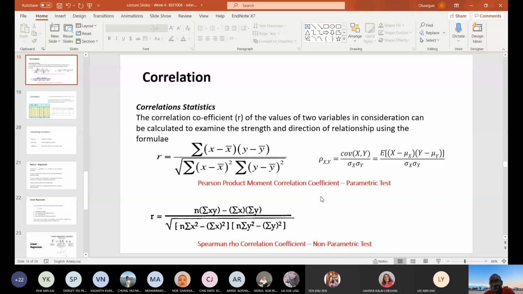So such responses were ranked. The only thing is that the difference between agree and strongly disagree may not equal the difference between agree and undecided. So they don't have equal intervals among themselves, but one differentiates the other. In such ranking data, it is better to use a non-parametric test to show the correlation.